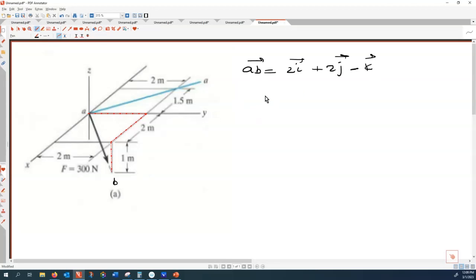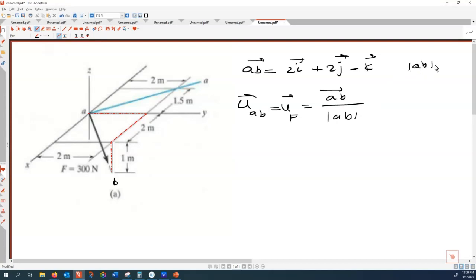How do I find this unit vector? So the unit vector of AB, which is the same unit vector as of F, is AB itself divided by its magnitude. So what is the magnitude of AB?